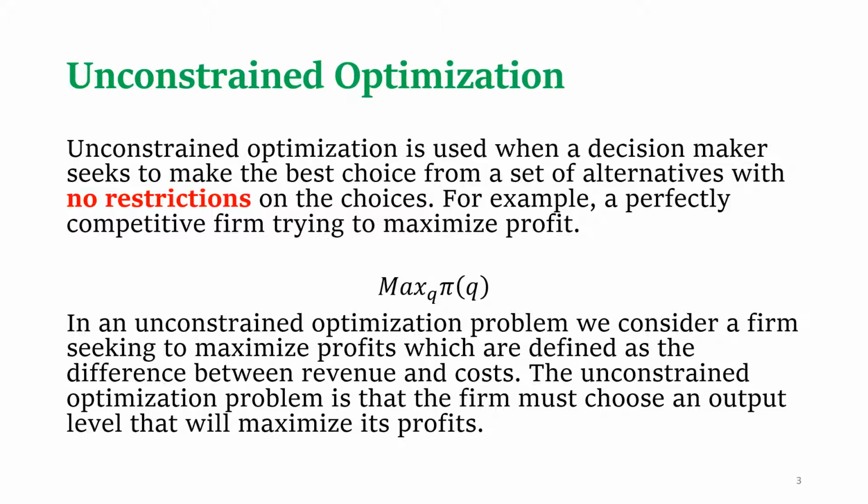Now, when we have restrictions, then the optimization problem becomes more complex. Because here, we're going to deal with the objective function, and then we're also going to deal with the constraint facing the decision maker. But for unconstrained optimization, we are only going to look at the objective function. That is the objective of the economic agent, the objective of the decision maker.